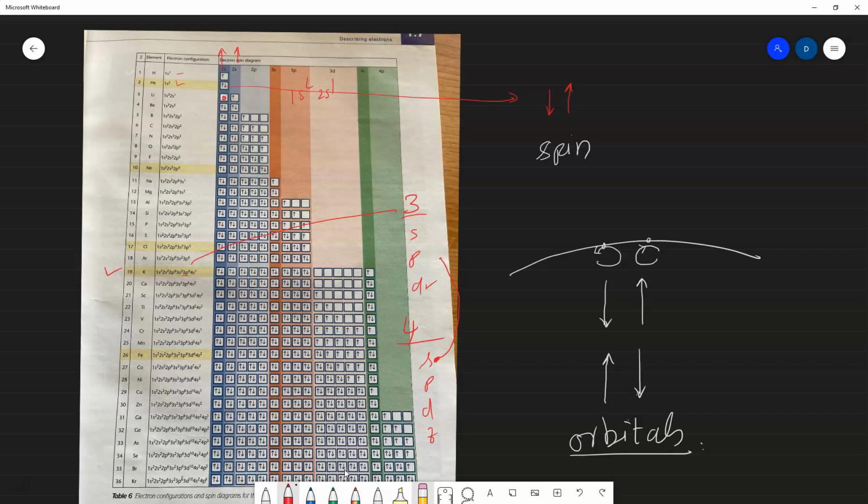So that is fine. After you fill S, before you fill D, you have to fill the S subshell of level 4. Only after you put 2 electrons here, you can start filling this one. Let me check that.